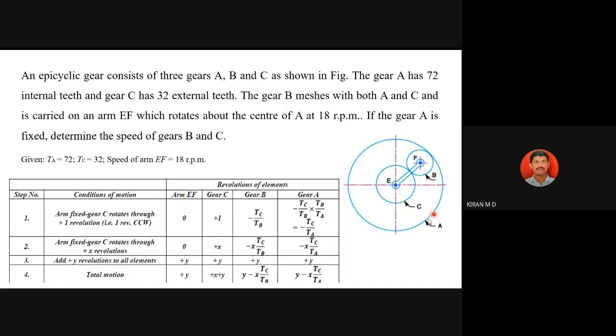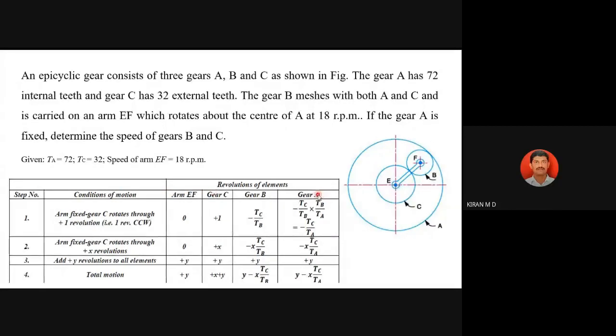Then you can start with A, then B and C, otherwise C, B and A. You can start with C, then C is mounted with B, B is mounted with A. Otherwise, if you start with A, A is mounted with B, then B is mounted with C, meaning the gears which mesh with each other. So we have to follow the sequence. Is it clear about this row?